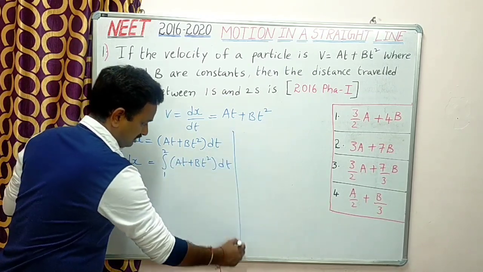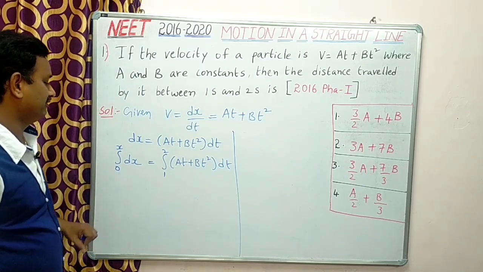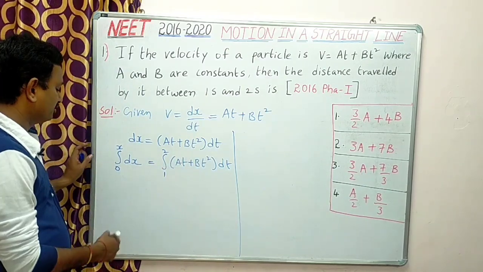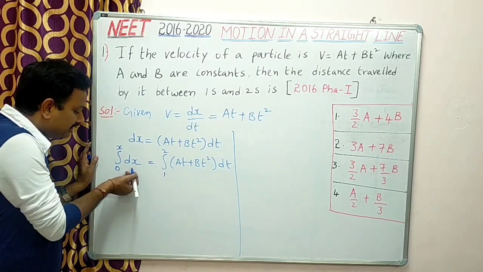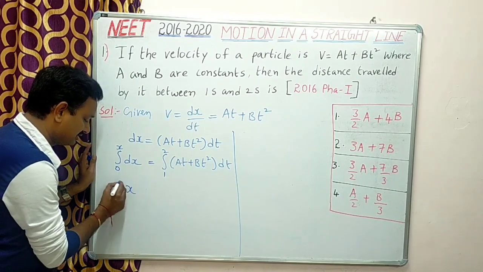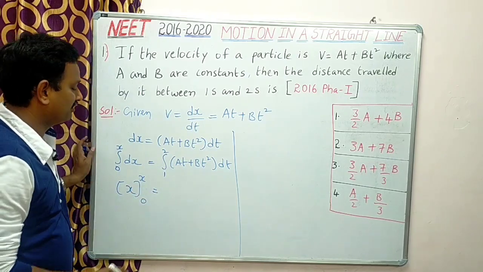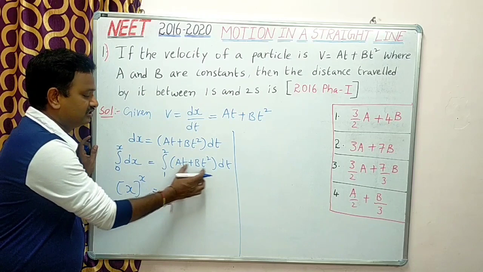Okay, so now I will distribute these integrations to these two terms. First of all, integration dx is x, upper limit x, lower limit 0.